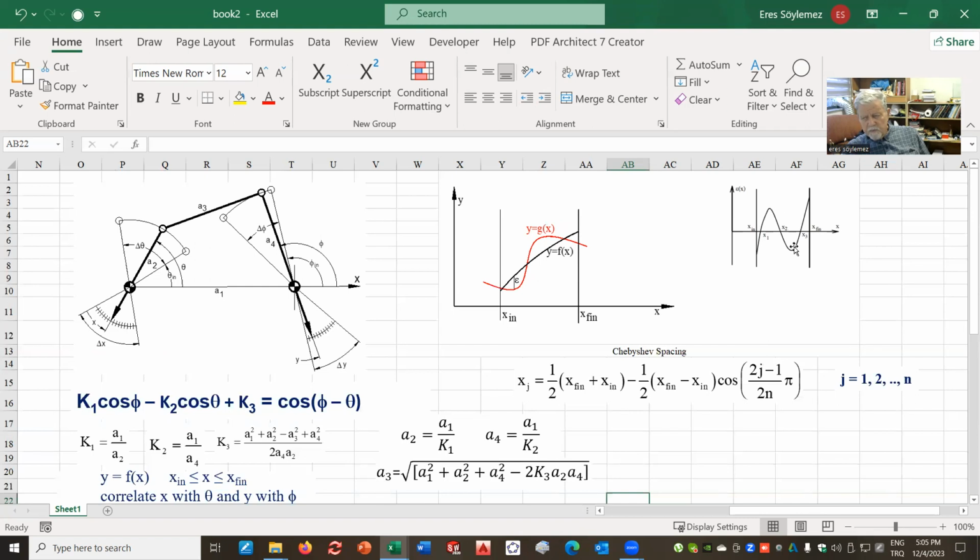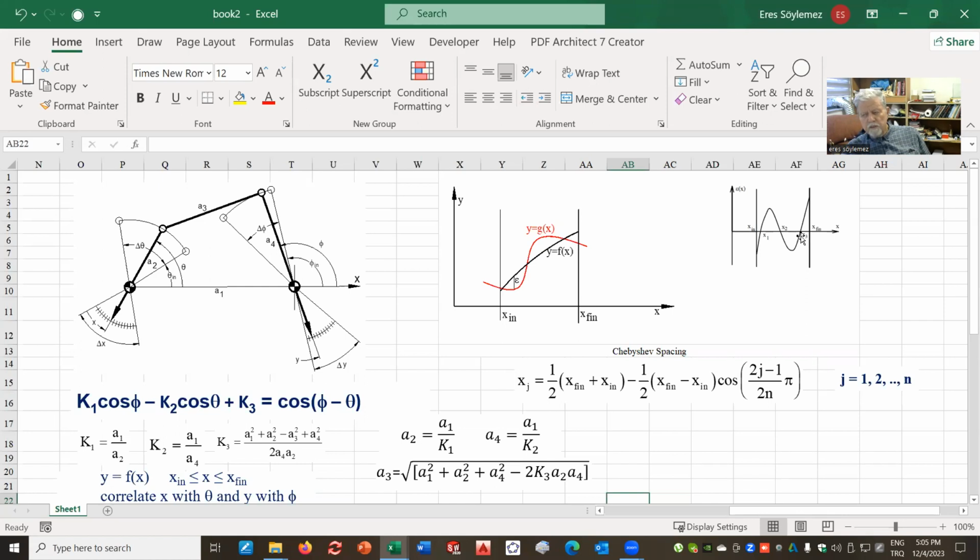Meaning that if the absolute values of these maximums and minimums are all equal to each other, then the maximum error will be minimized. And he found a polynomial set, known as Chebyshev polynomials, which satisfies this condition.